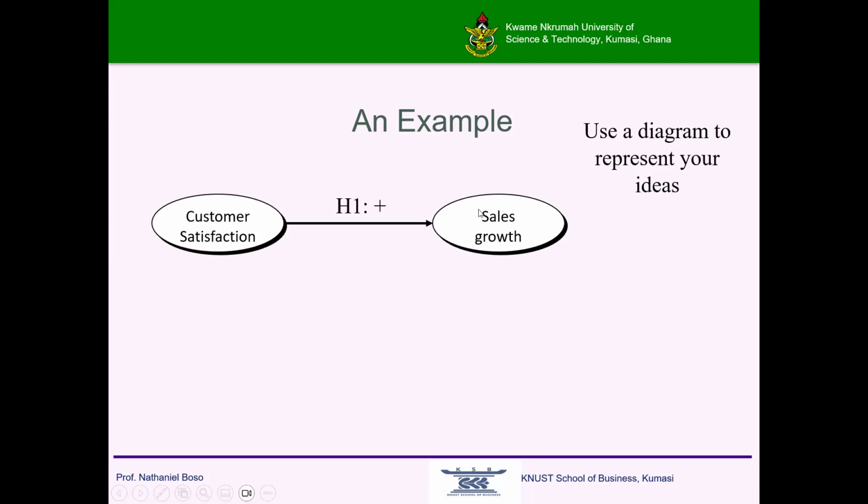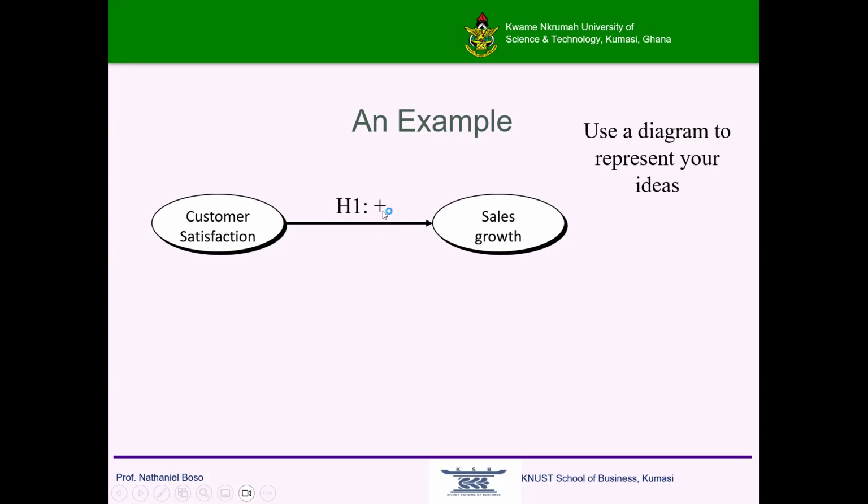So this whole thing you see here is a theory. It is a theoretical framework explaining the relationship between customer satisfaction and sales growth. And our conjecture is that higher customer satisfaction will lead to higher sales growth. Is that understood? That is why they normally call this a theoretical or a conceptual framework, because it has concepts, 1, 2, and the concepts are linked with a relationship.